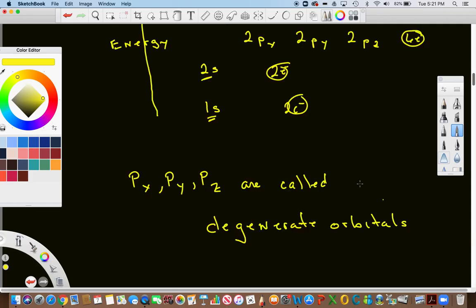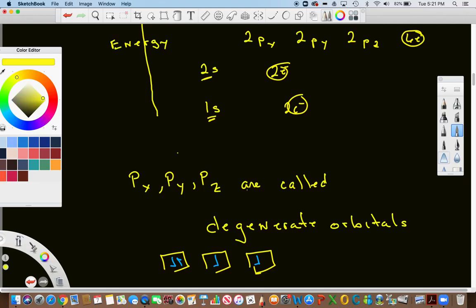So the px and py and pz are known as degenerate orbitals. They are equal in energy, which means when we have our p orbitals, I'm just going to draw it representing boxes. When we went to fill these degenerate orbitals, we had to put 1 in each one before they can become spin paired.